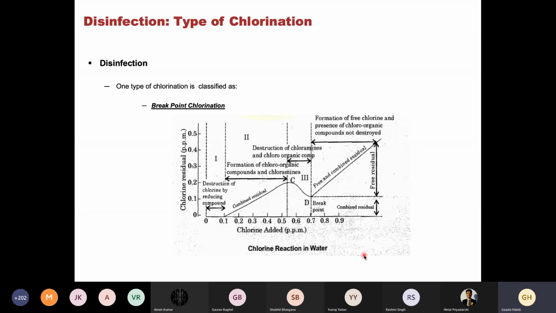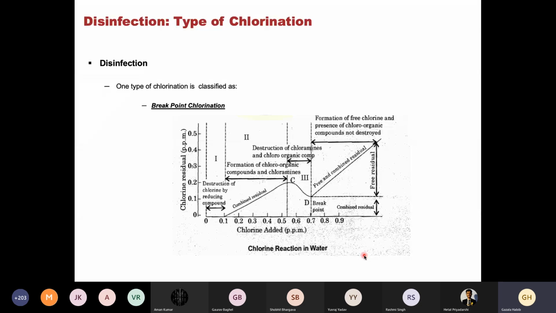The free chlorine or combined chlorine will drop down between C and D, and once all the organic compounds have been oxidized, at point D the chlorine will be available as free and combined chlorine. But now there is no further reduction of the chlorine being applied in the water. So point D is known as the break point.